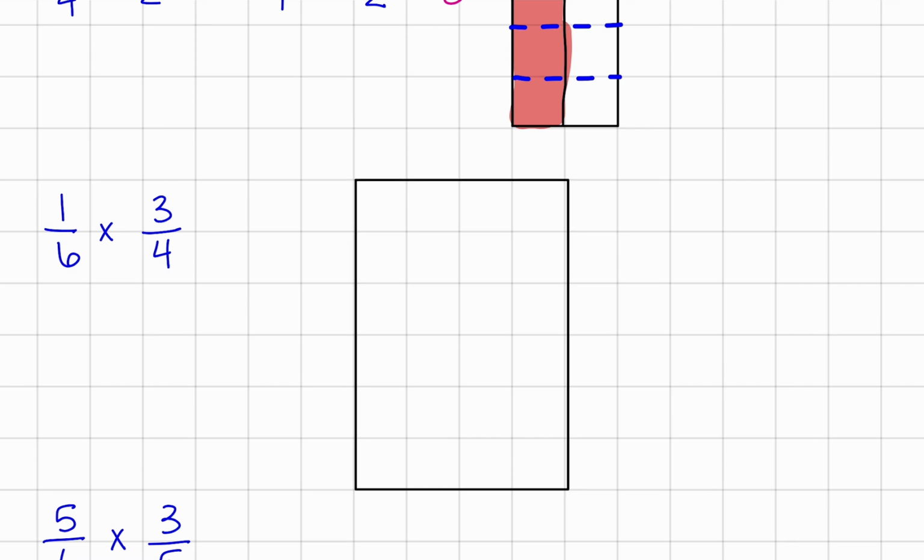I'm going to draw a model that I can divide into fourths vertically and into sixths horizontally for my second step.